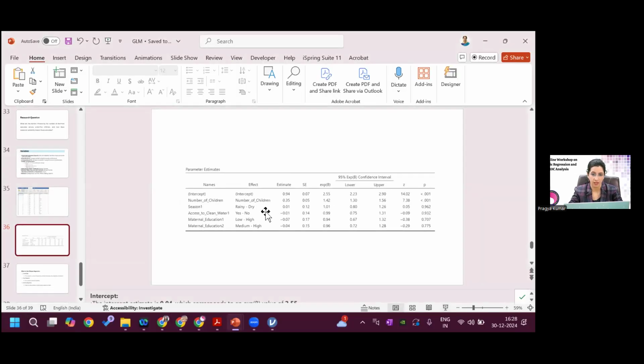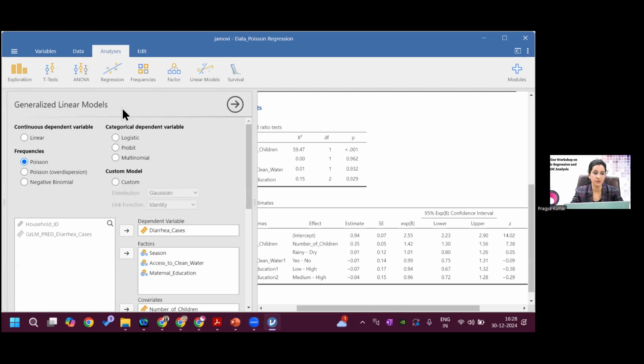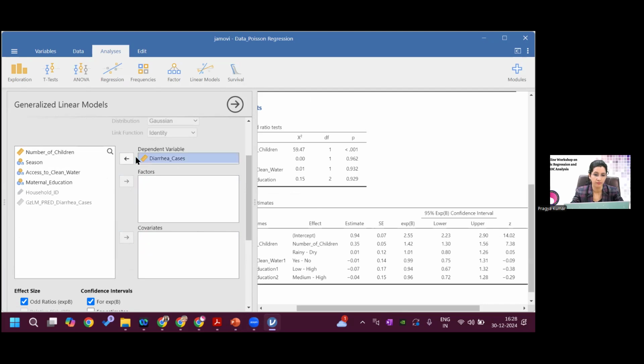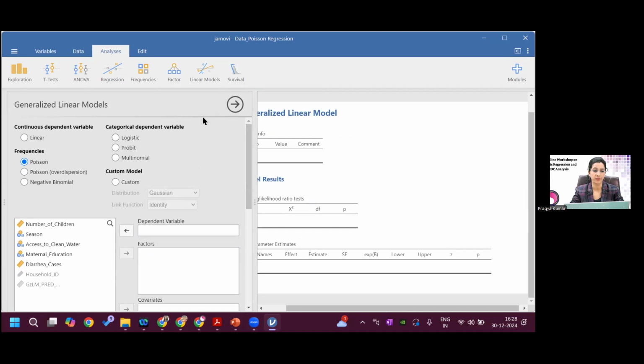So I will just go to this data set, and I have again used the same option of generalized linear model. So let me shift this back to the main. If you open the interface again, you can see there is an option, which you have just seen in the breakout room. This option is for the categorical dependent variable, this is for the continuous dependent variable, and this is for the frequencies.